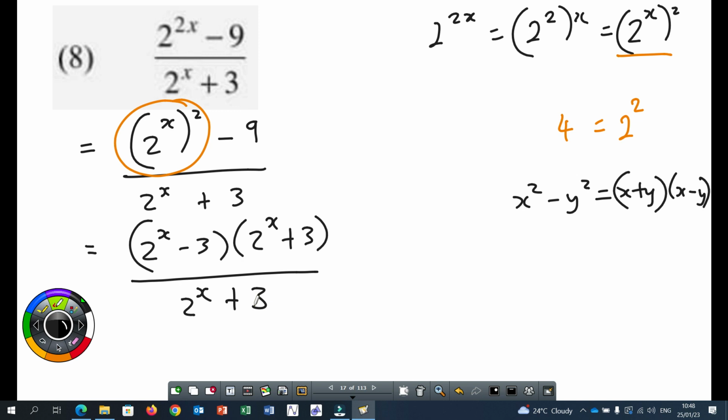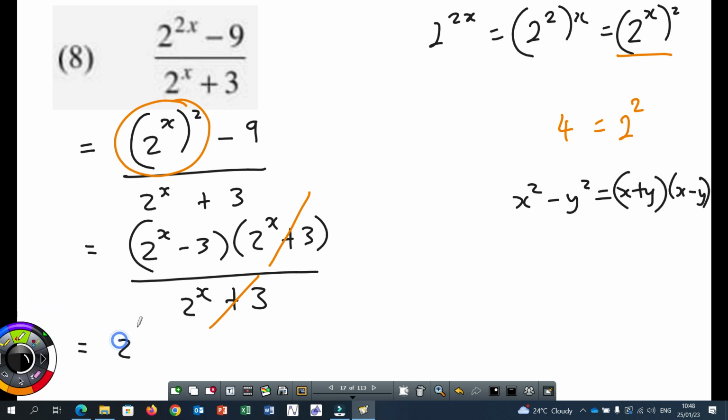Are you following that? All right. Now I'm sure you can see that this 2 to the power of x plus 3 and that 2 to the power of x plus 3 are the same, so they cancel out. So our final answer will be 2 to the power of x minus 3.